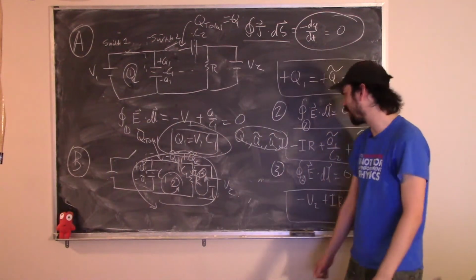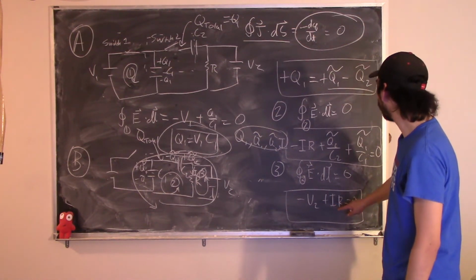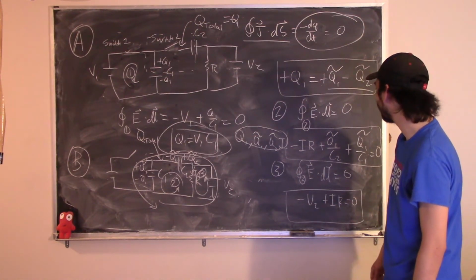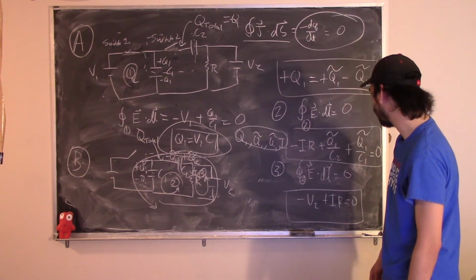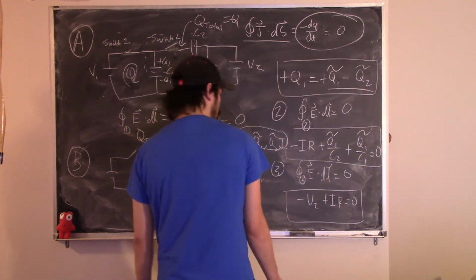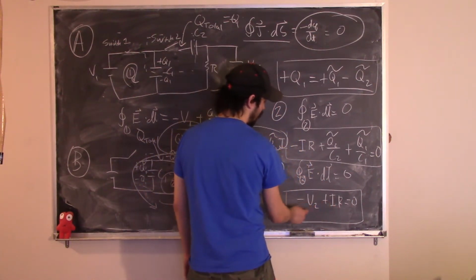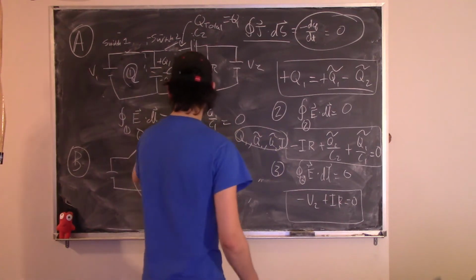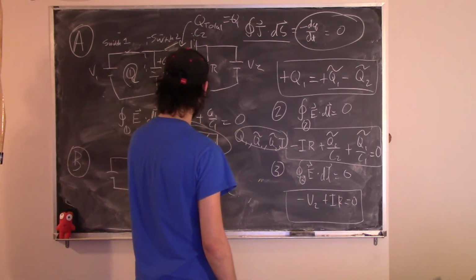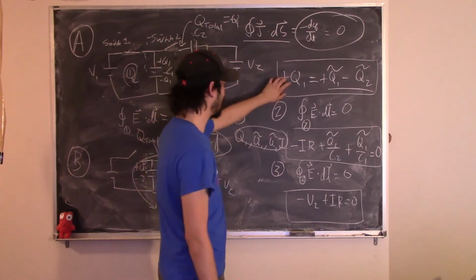And I'm not going to go through the process of solving this. If you did want to solve this, the first thing that I would do would be to find I. I is the easiest thing to find. I is just going to be V2 divided by R. And Q1 is already written in terms of V1 and C. So I could take this Q1 and plug it in here.